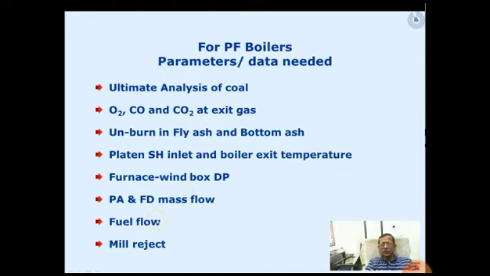The fuel flow to measure the air to fuel ratio, and the mill reject also we need to measure when we are reducing the primary air. If the mill reject is increasing, we simply measure it and see which loss is more, the mill reject loss or the combustion loss, right? These are the few parameters we need to measure in case of the combustion optimization process.